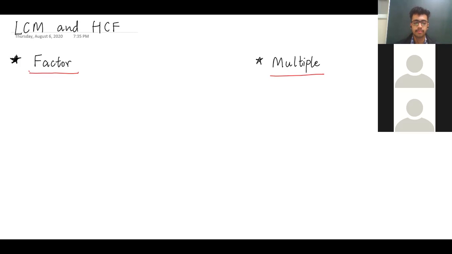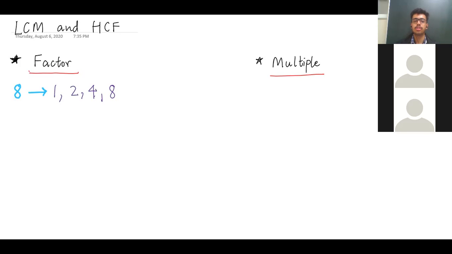A factor of any number... No, that is not a factor, that is a multiple. Let's say I give you the number 8. What are the factors of 8? 1, 2, 4, and 8.